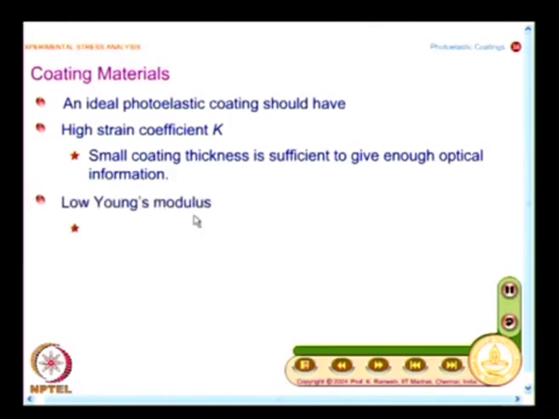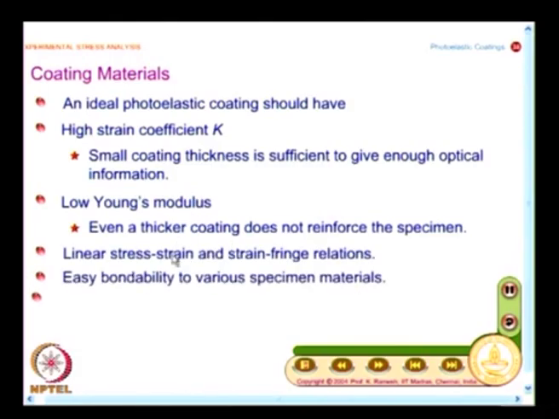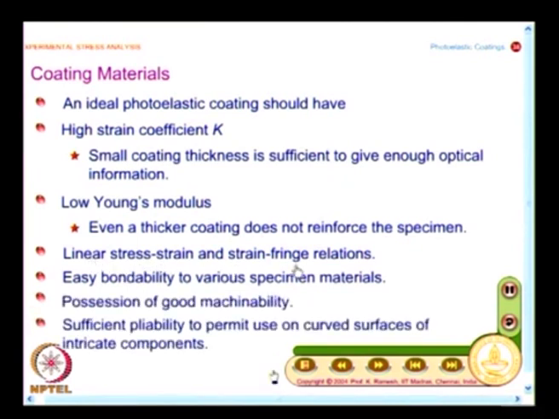And you want to have low Young's modulus, because you do not want this to reinforce the specimen, and you want to have a linear stress strain and strain fringe relations, so that interpretation becomes a lot simpler.